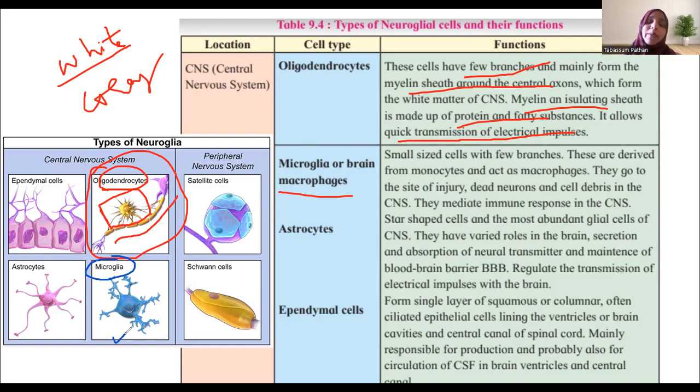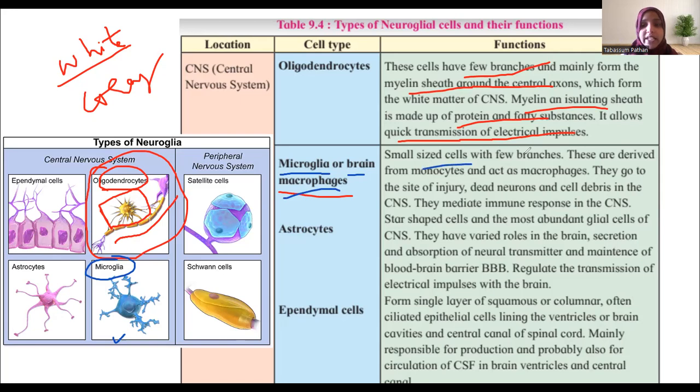So microglia, or macrophages, are like immune cells. They will try to get hold of them and digest them. When we are talking about the macrophages present in the brain, you call them microglia or brain macrophages.